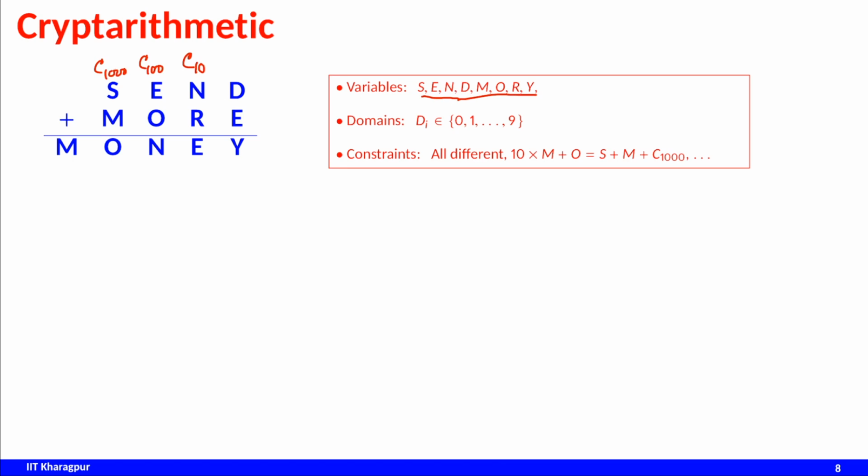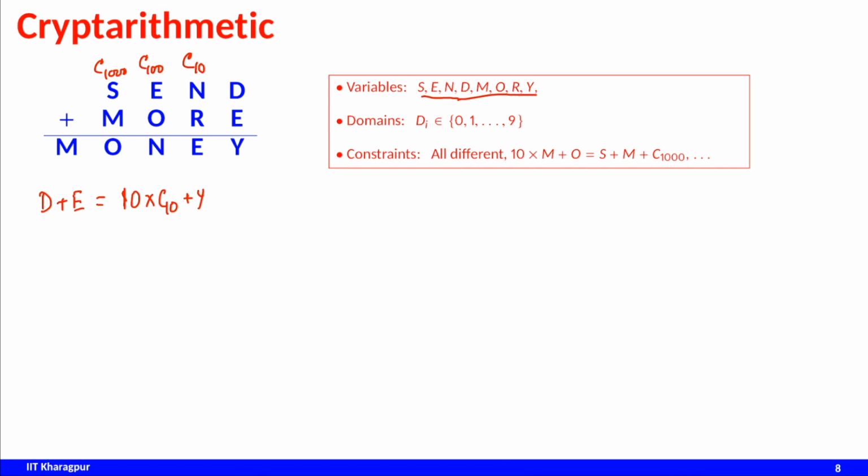So we have some intermediate internal variables. Now if I have these carry variables, I can write the constraint: D plus E is equal to 10 times C10 plus Y.